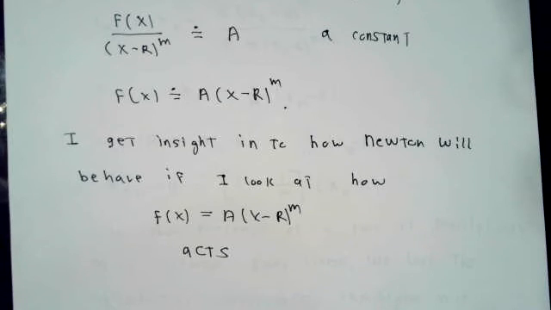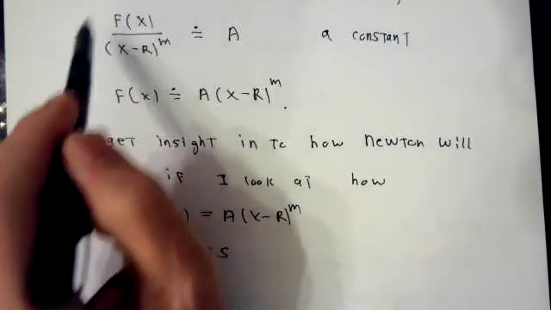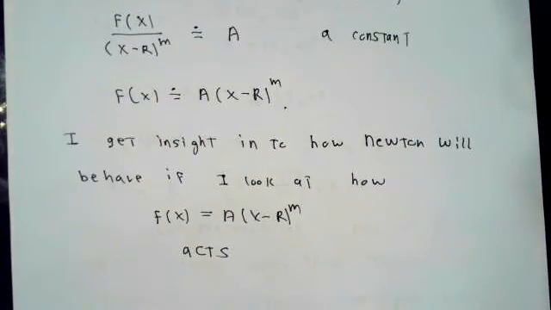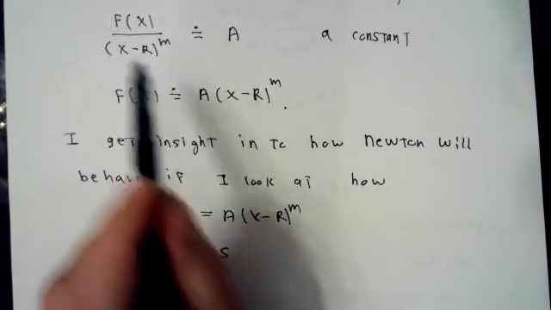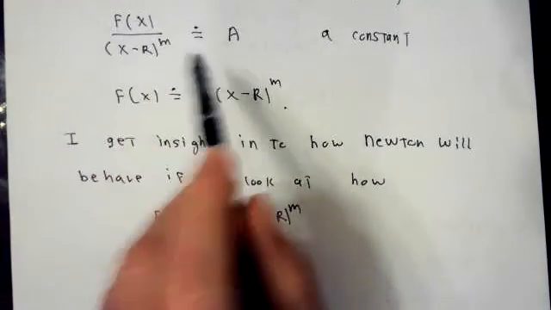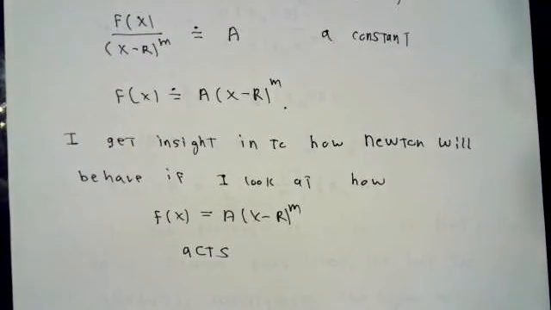If I have a root of multiplicity m, then the limit of this quantity as x approaches r is exactly equal to a, where a is some constant. This means if I'm close to x equal r, then this fraction has to approximately equal a.